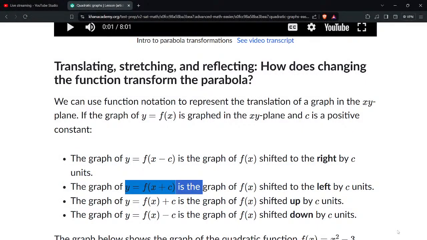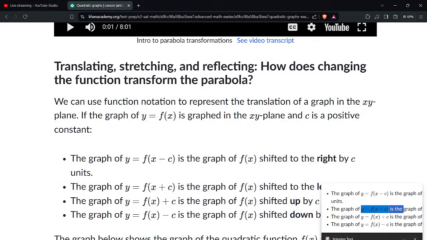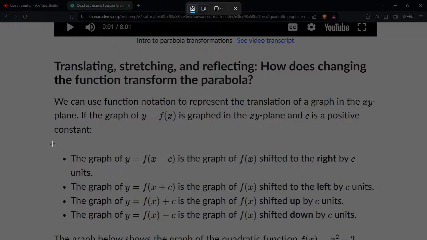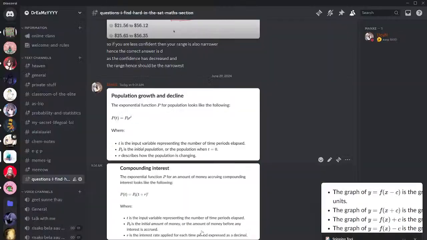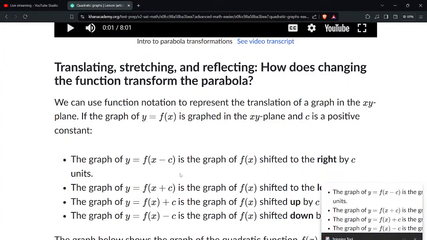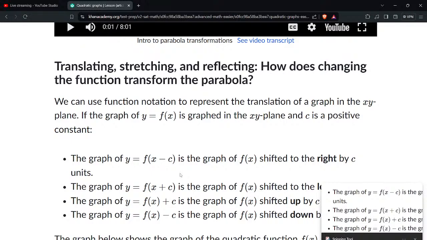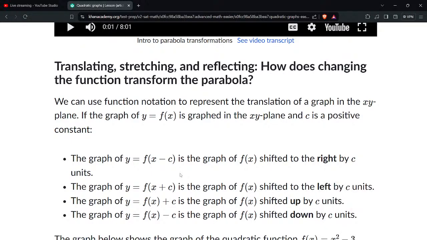But I'm still confused by this part. Okay, so here, inside is right, left, the outside is up and down. Okay, I need to memorize a way. So I need to find it before I remember it.